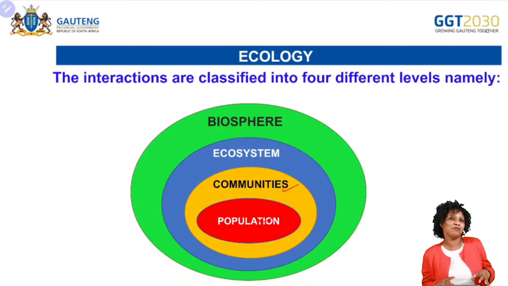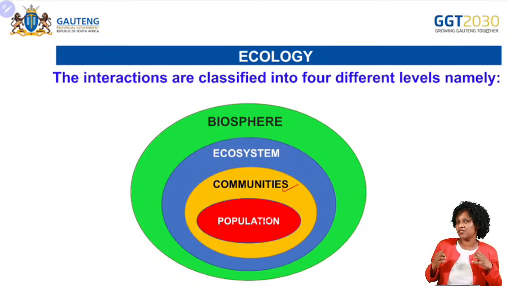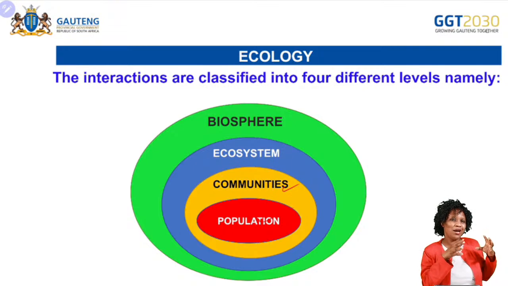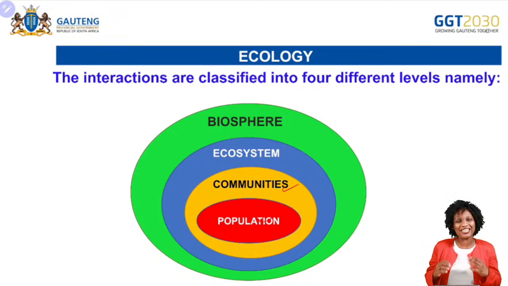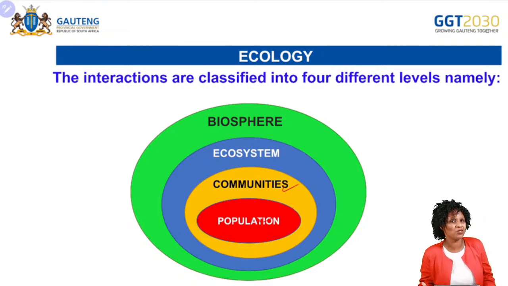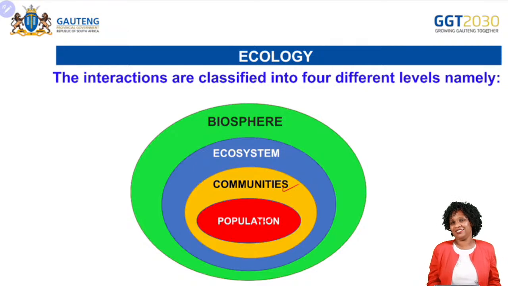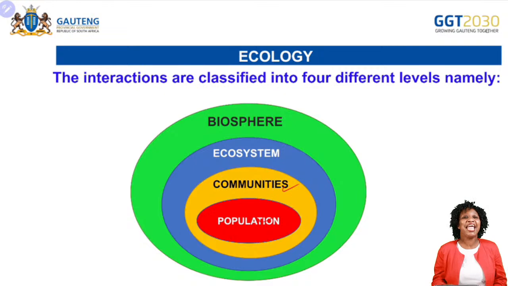All these are herbivores. And then we've got omnivores. Omnivores are those animals that will eat meat and they also eat plants. A good example of an omnivore is you and me, human beings. Remember, we eat vegetables and fruits and we also eat meat. Okay, that's a good example, isn't it? That's good. And then we've got carnivores.